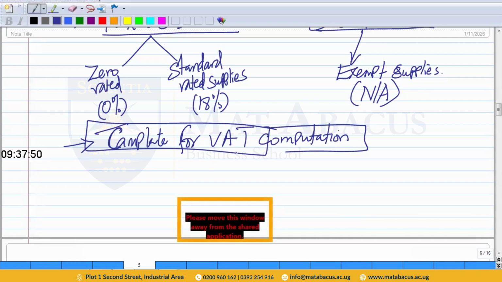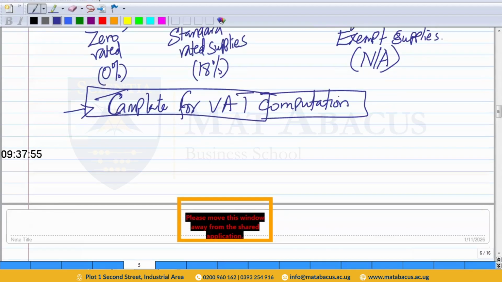You find that they are using a wrong template, for example. So how do you use this template?